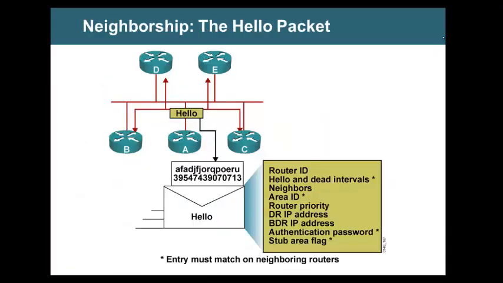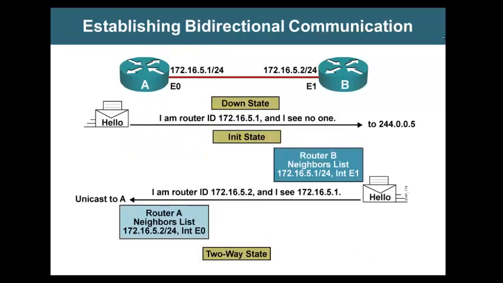This is a hello packet. See, type 1. And you can see neighbor, active neighbor 10.1.1.2. So for router A, there is no neighbor. So it is saying I see no one. And it is using a multicast address. Now B learns A and it starts using a unicast to send the hello packet with the neighbor.